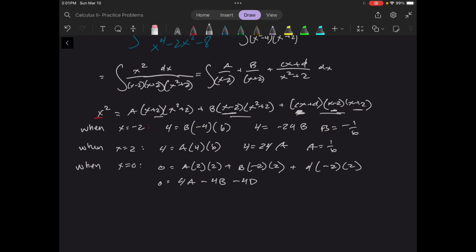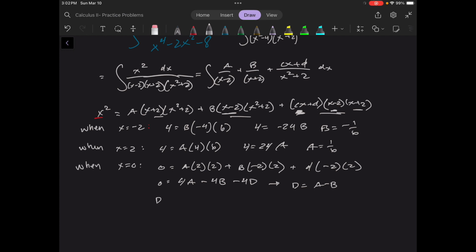Okay, so finally, 0 equals 4a minus 4b minus 4d. And we know what a and b are, so that means we can solve for d. We can also divide everything by 4 and add the d to the other side. That means d equals a minus b. A and b are 1/6 and negative 1/6 though.